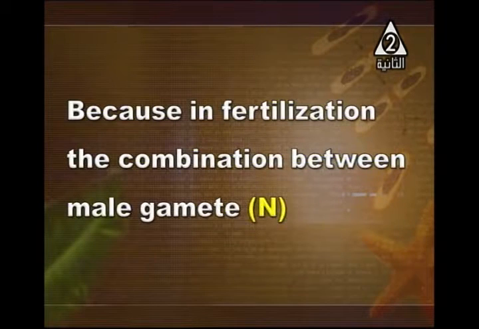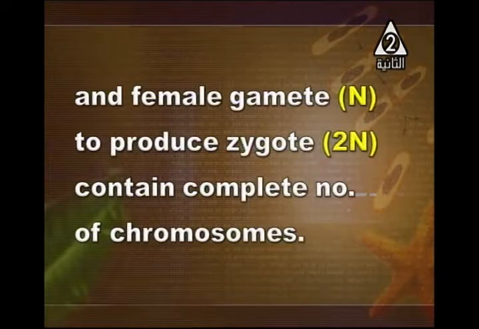That's because fertilization is the combination between the male gamete, which contains one set of chromosomes, and the female gamete, which contains one set of chromosomes, to produce a zygote containing a double set of chromosomes, which is the complete number of chromosomes, 2n.